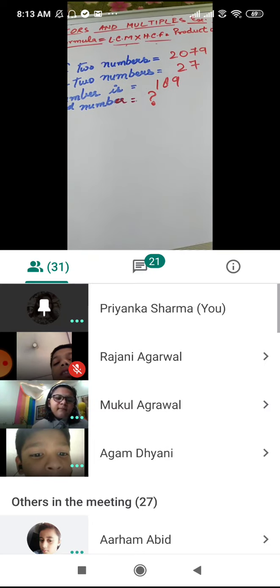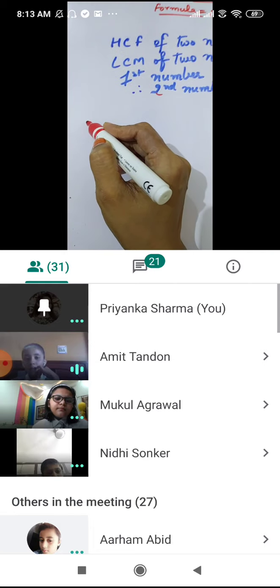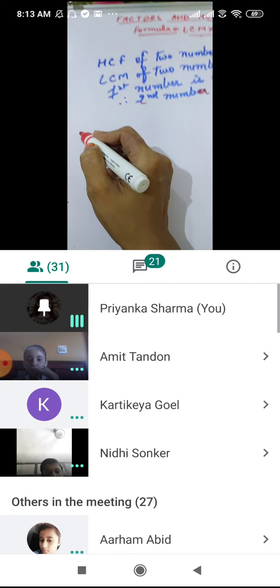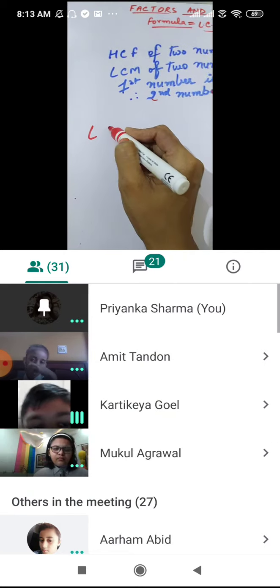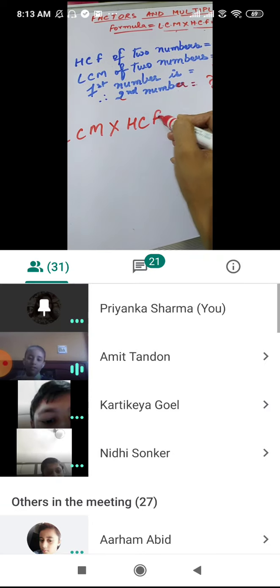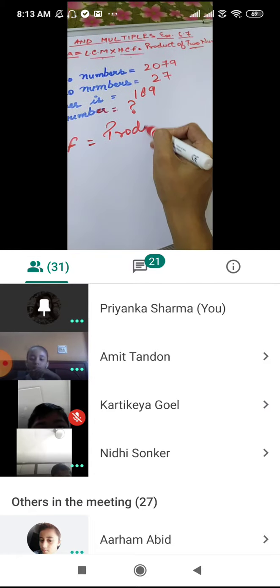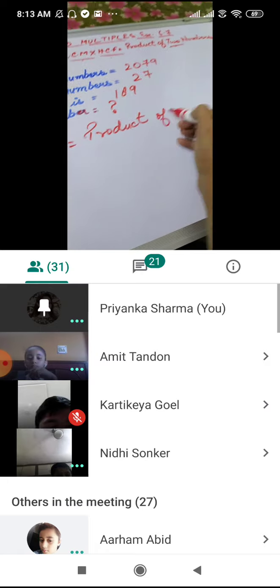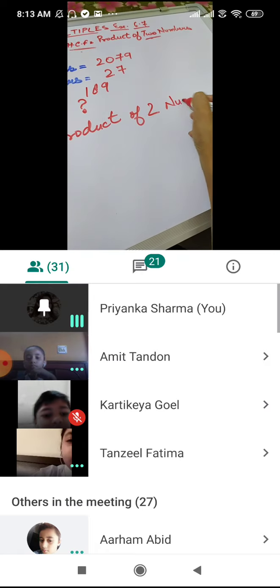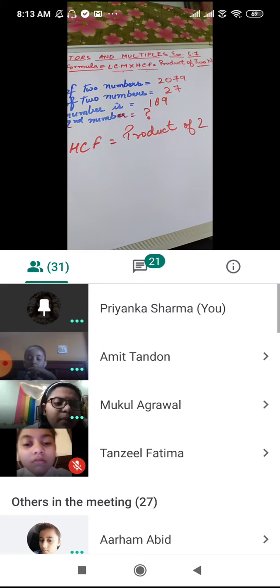Okay. Now we have to write the formula. What is the formula, children? Yes, LCM into HCF is equal to product of two numbers.